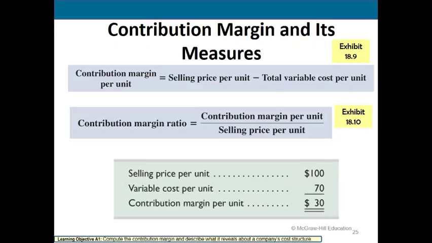So if you have a selling price per unit of $100 and a variable cost per unit of $70, then your contribution margin per unit is $30. The contribution margin ratio would simply be the contribution margin per unit divided into the selling price. So here 30 into 100, your contribution margin ratio would be 30%.